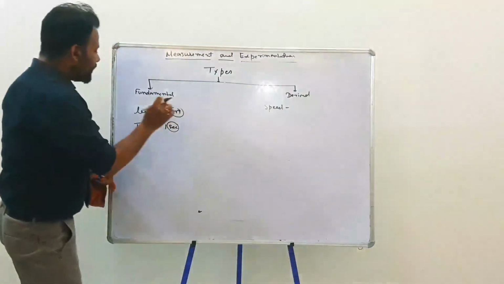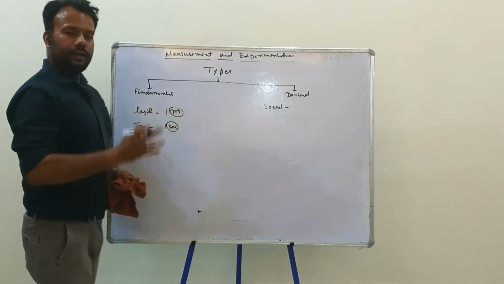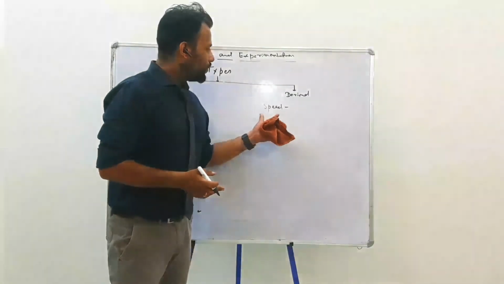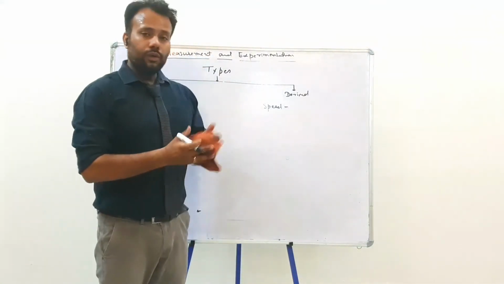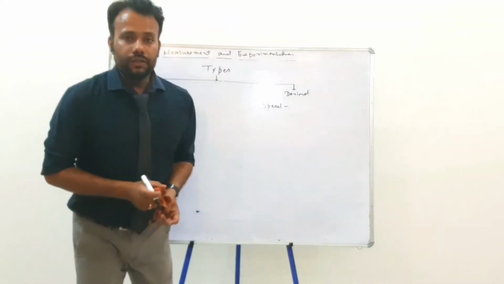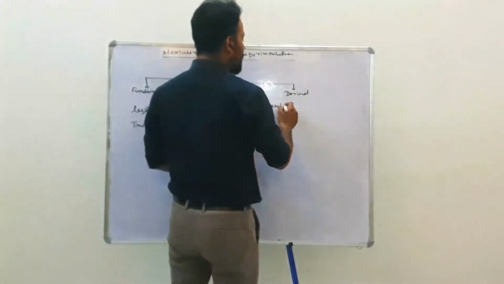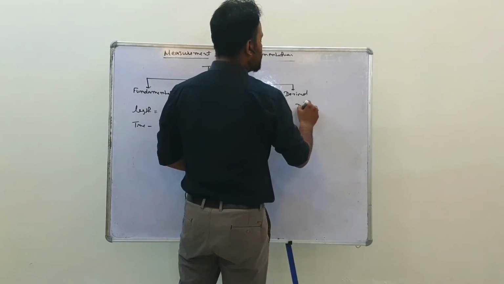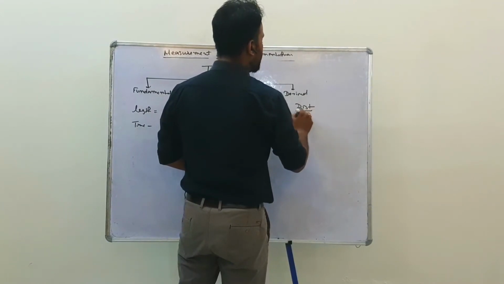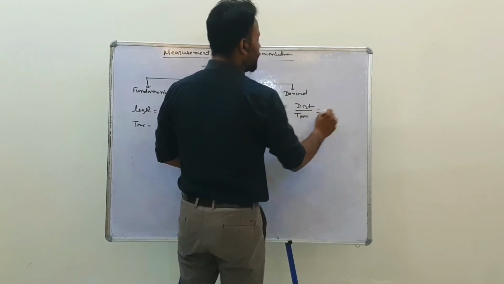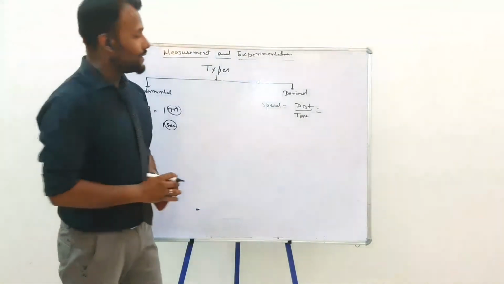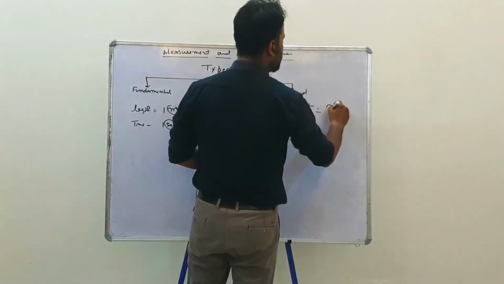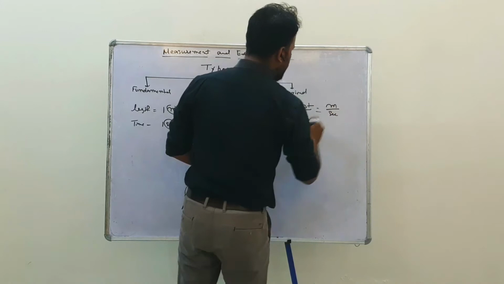So, like we have the unit of length, this is 1 meter, independent. To find out the unit when you want to measure the speed, I will write distance upon time, and you know that the unit of distance was meter and time was second.